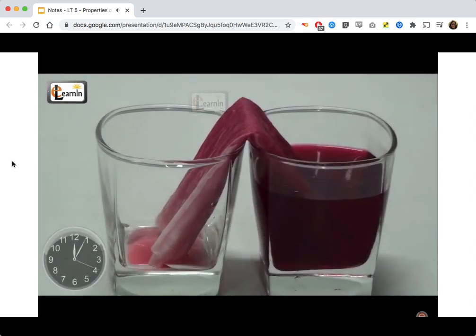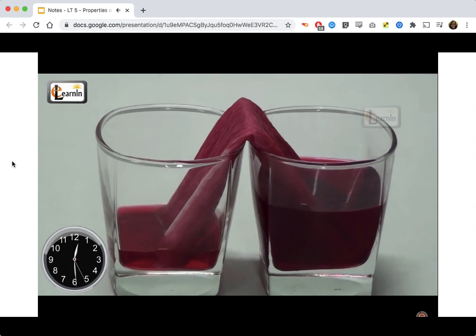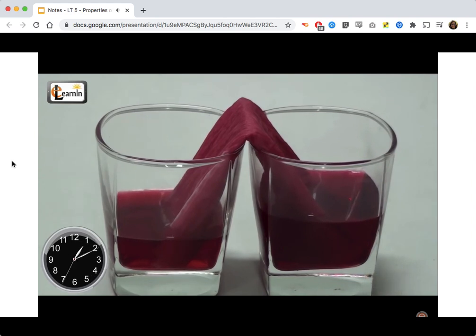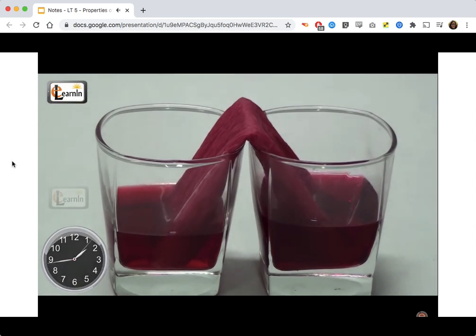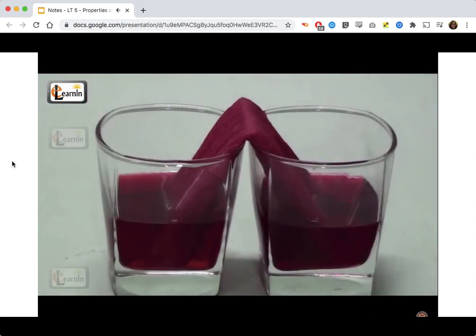Leave it this way for a few hours. You can observe that the colored water gets transferred into the empty glass through the paper towel. The water keeps flowing into the other glass until they attain an equal amount of water in both of them.